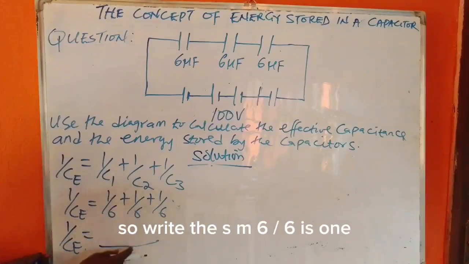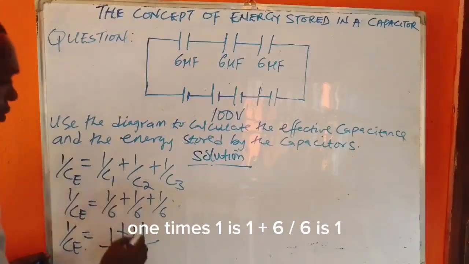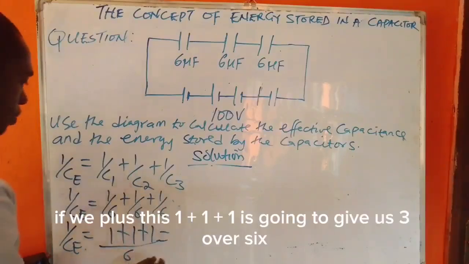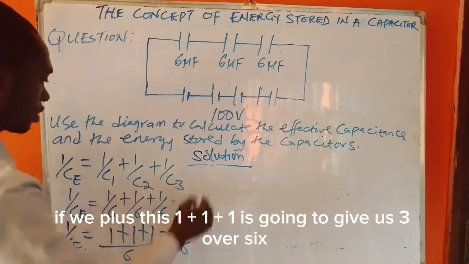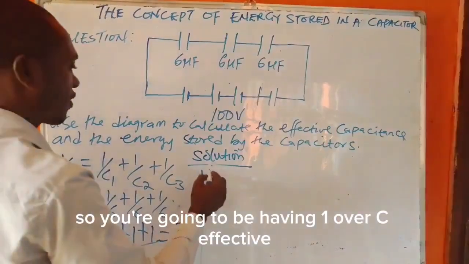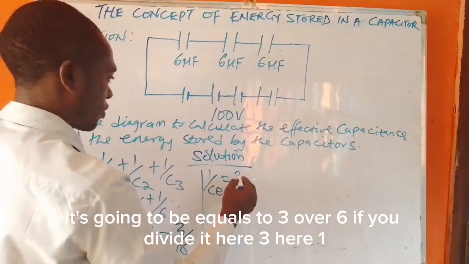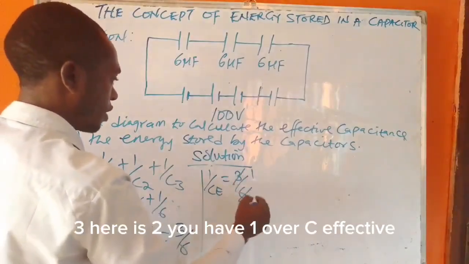So we write the LCM, 6 divided by 6 is 1, 1 times 1 is 1, plus 6 divided by 6 is 1, 1 times 1 is 1, plus 6 divided by 6 is 1, 1 times 1 is 1. If we add this, 1 plus 1 plus 1 gives us 3 over 6. So 1 over C effective is equal to 3 over 6. If you divide, 3 into 3 is 1, 3 into 6 is 2.